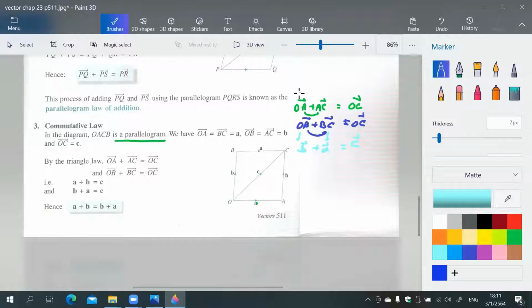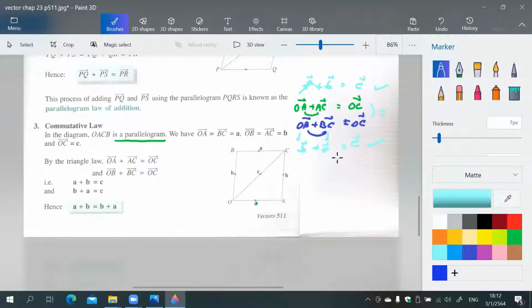And on the top here, vector OA equals vector a, plus AC equals vector b, equals vector OC, which is c. So you can see this and this, the blue color here, are the same. So we know this one is equal. We can use this idea also to do the question. This is another formula, or you can say definition, for vectors.